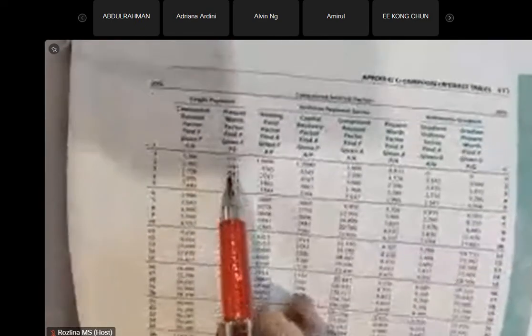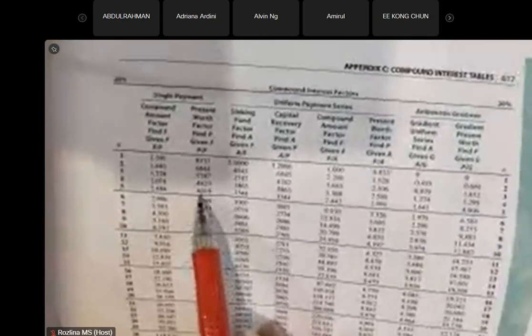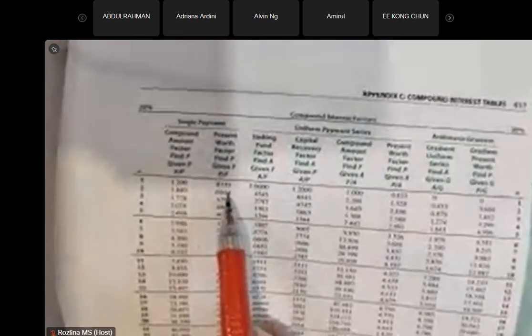P over F, 0.8. Where is it? Okay, if we look at 1 year, P over F at 1 year is 0.8333.